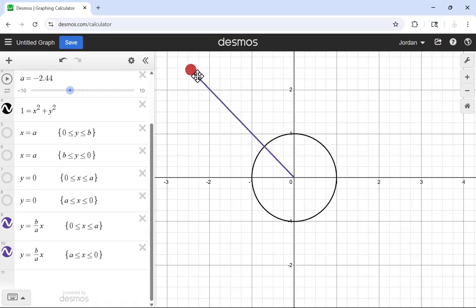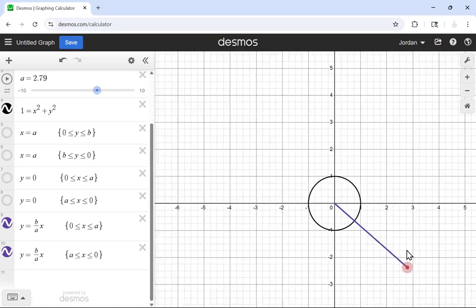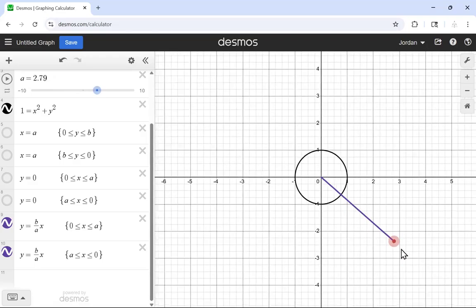But my inverse tangent got us into quadrant 4. Now, the reason for that is because the point 3 comma -4 would have the exact same inverse tangent.